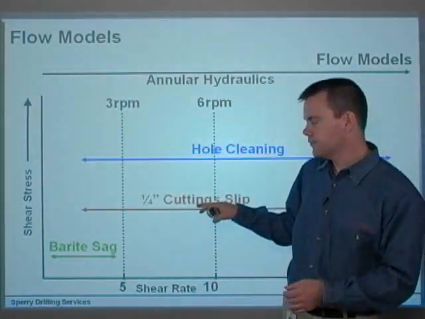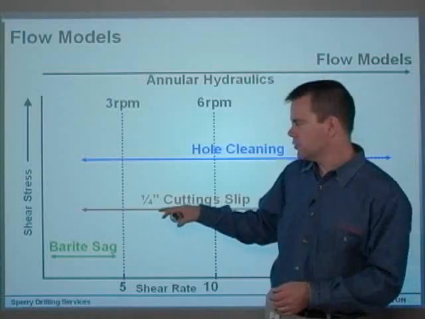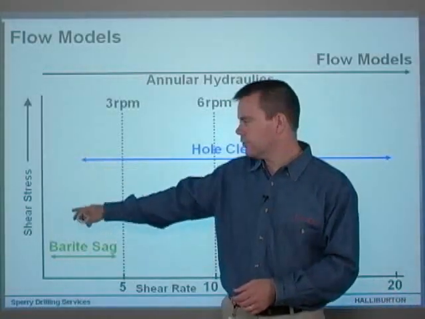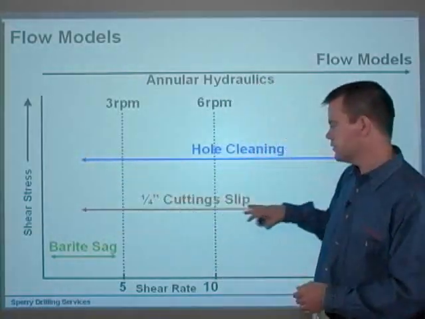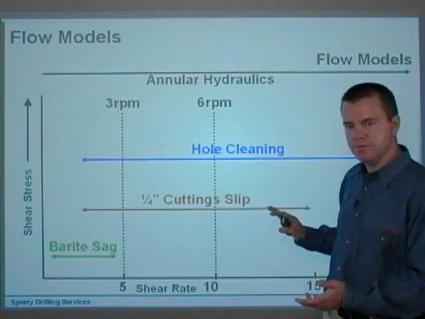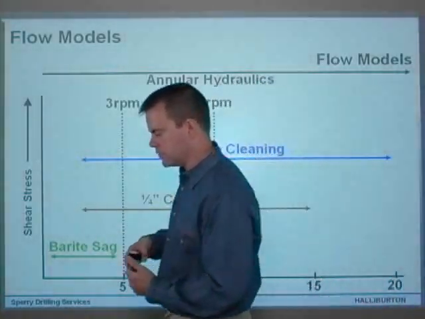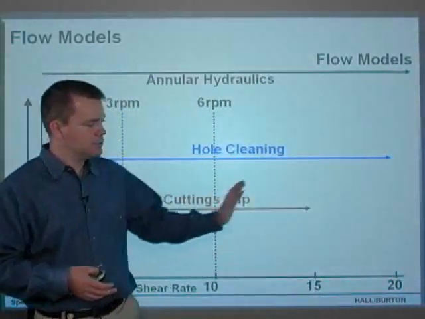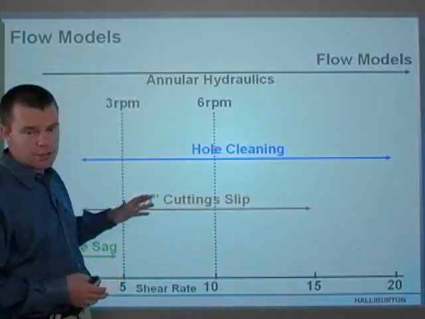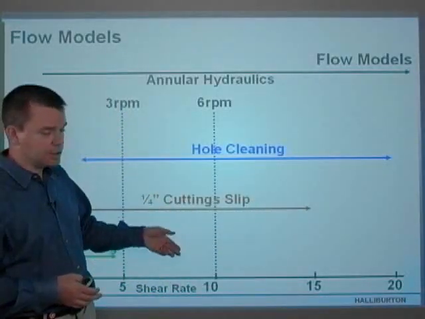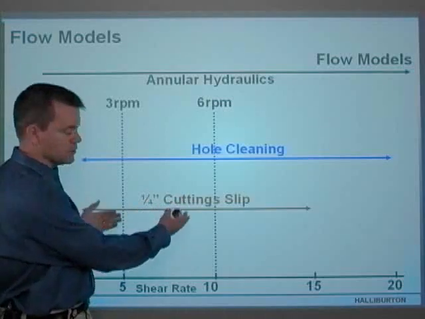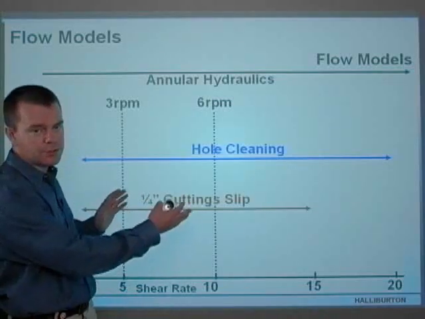Slip velocity of cuttings is somewhere from the lower range of the hole cleaning line to somewhere up around 15. Your cutting slip velocity is described by the shear rates and shear stresses. The cutting slip velocity occurs at these lower shear rates, that sort of range.